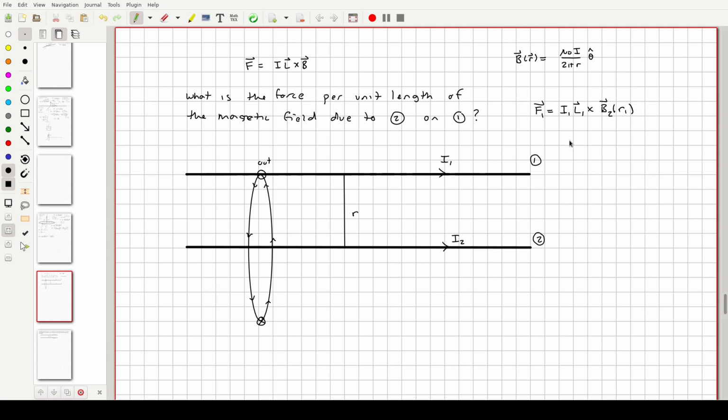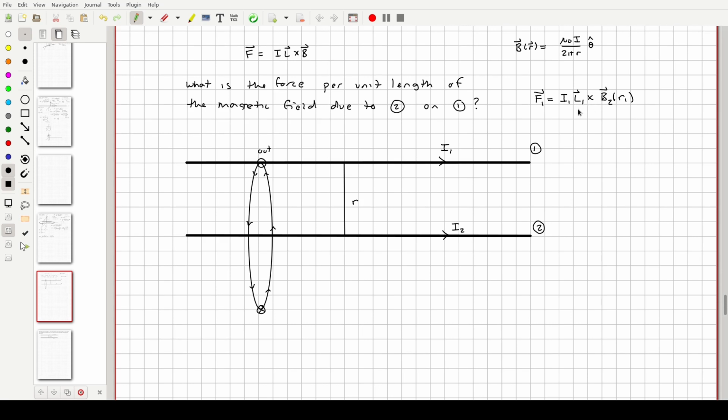Okay? Now, let's just look at this cross product for a moment.